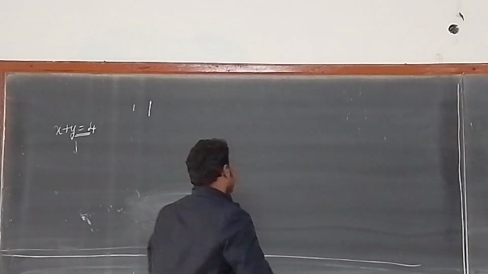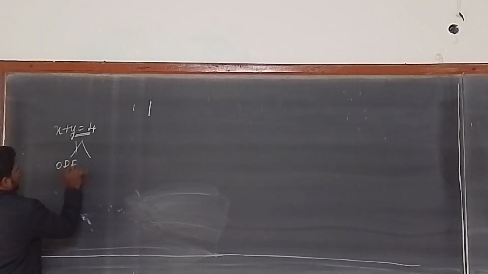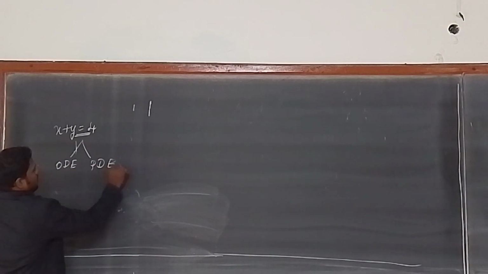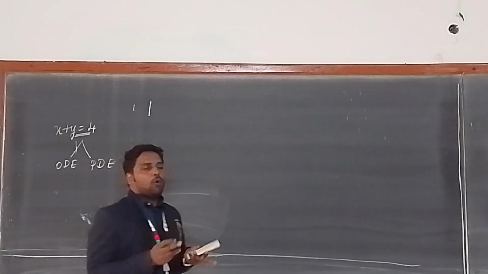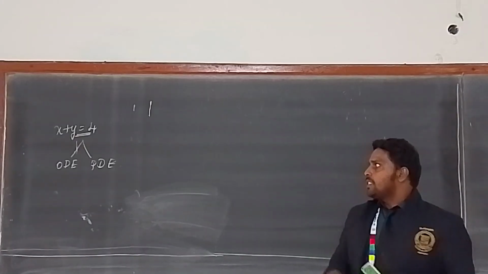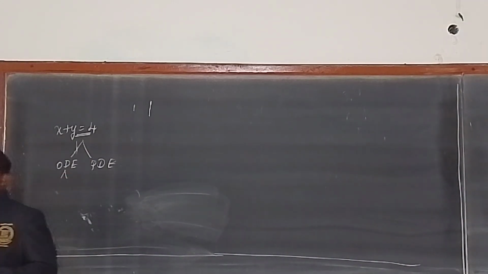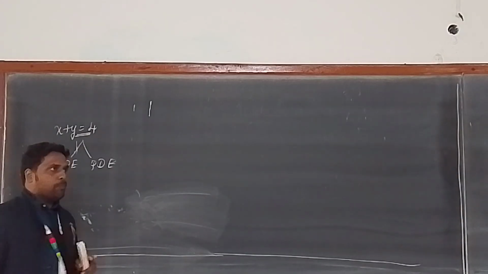There are two types of equations: one is the ordinary differential equation, called ODE, and the other is the partial differential equation. What is the difference between them? An ordinary differential equation depends on only one independent variable.